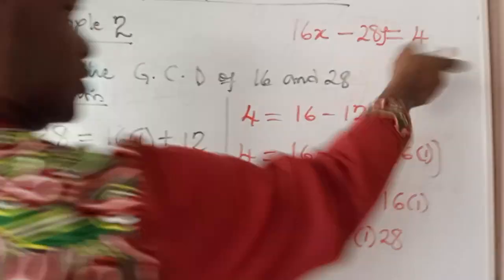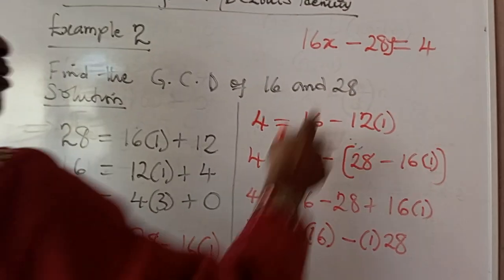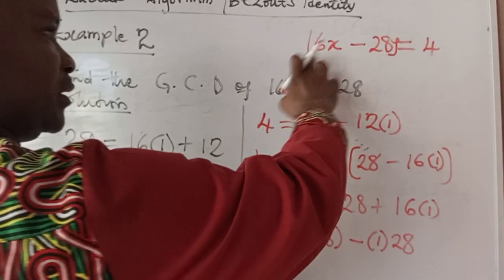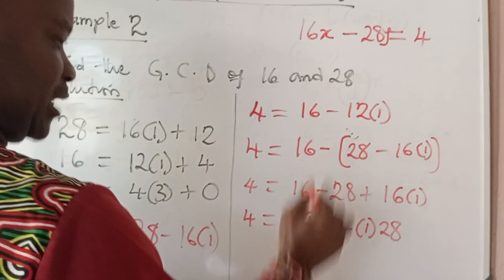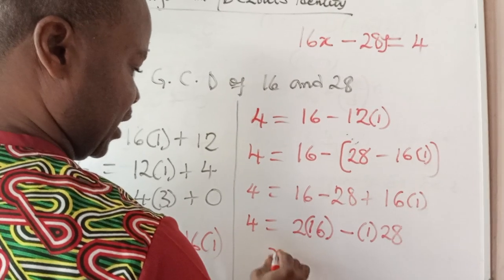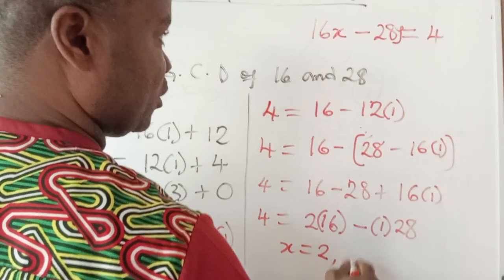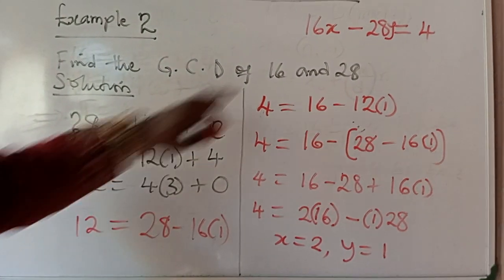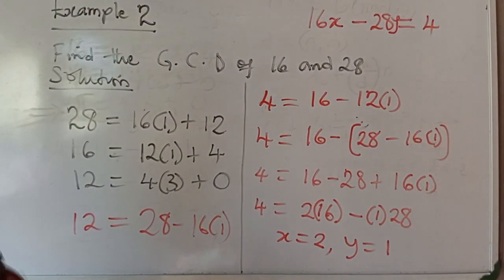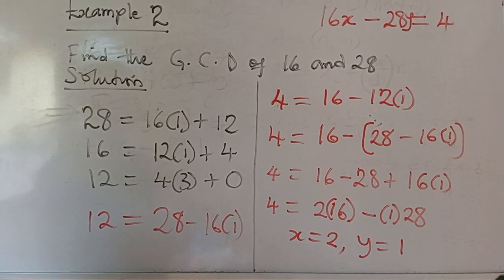Then we decide to find the GCD of 16 and 28. And having gotten this, we'll just establish from here that x is equal to 2 and y is equal to 1. So that is solving an equation like this using Bezout's identity.